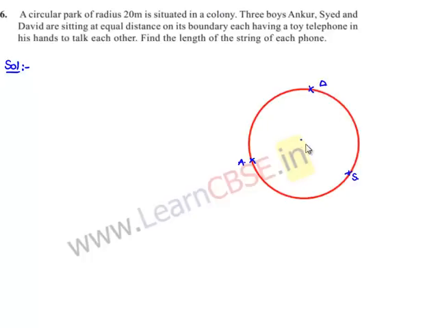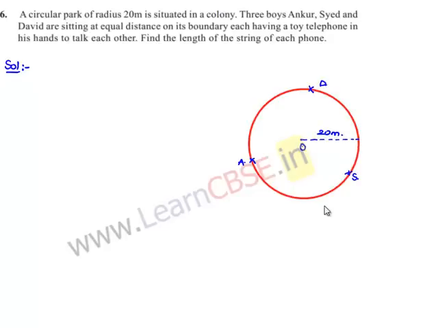Let the center of the circular park be O. We are asked the length of the string of each phone. Here it is given that the radius of the circular park is 20 meters.